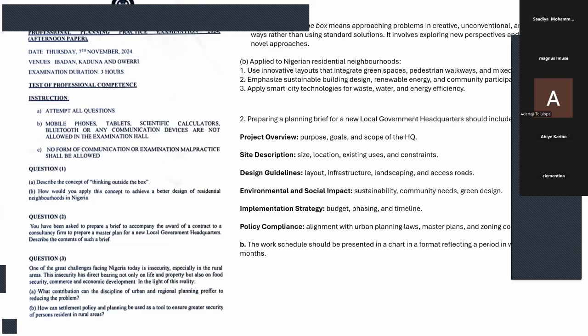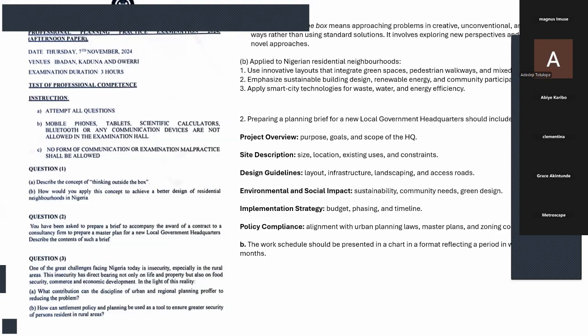We also have the social impact, which is an impact that will affect the people living in that area socially. Maybe if it is a Muslim local government, you understand there are things that are not supposed to be sited in that local government because it would be against the Muslim belief. So as a planner, you have that at the back of your mind.